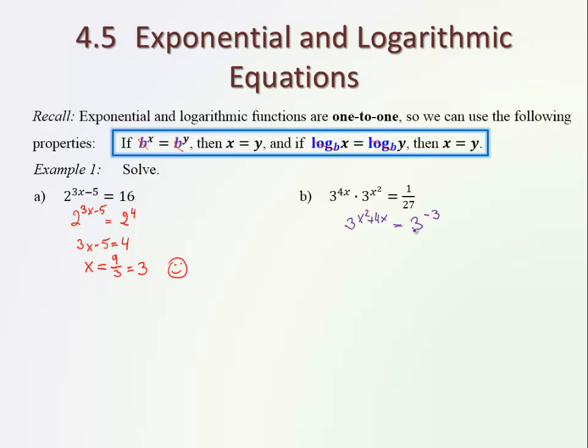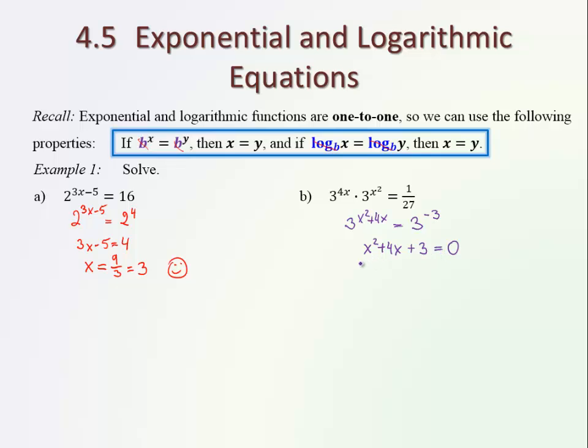Now we can drop the 3 as before, just because we use the one-to-one property of exponential function, and we're saying that this equation is equivalent to x squared plus 4x equals negative 3. We can bring the negative 3 to the other side as positive 3 equals 0. So we really need to solve a quadratic equation of this type.